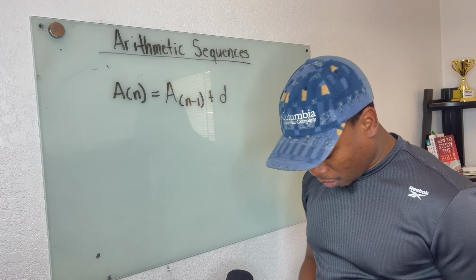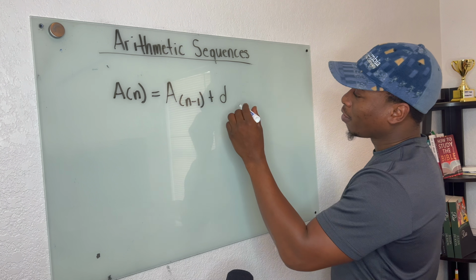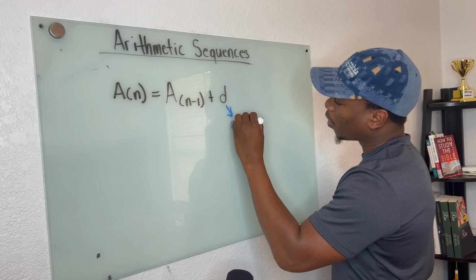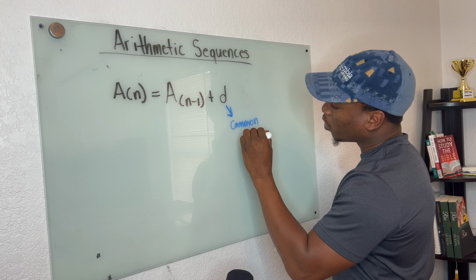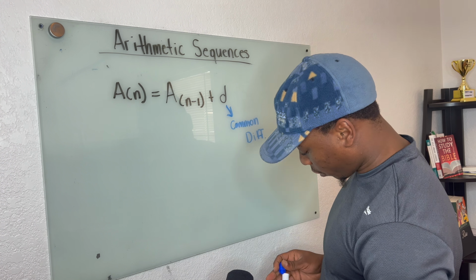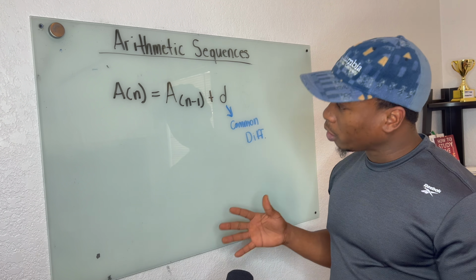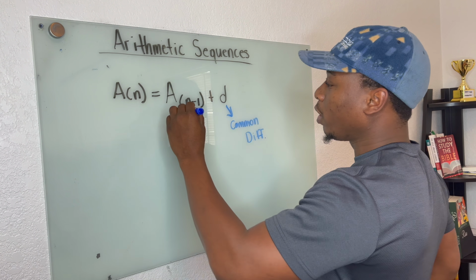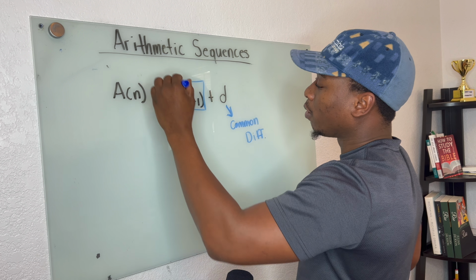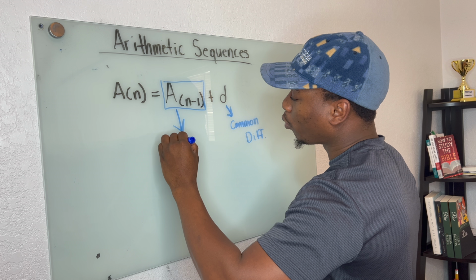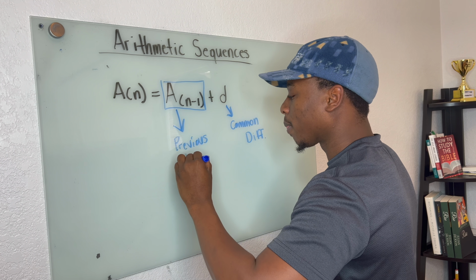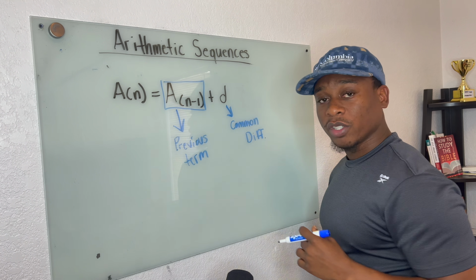I'm telling you. So number one, this d is our common difference. So we'll just put common difference to abbreviate. Now, when we look at the rest of the problem, we need to understand that this middle term represents the previous term.